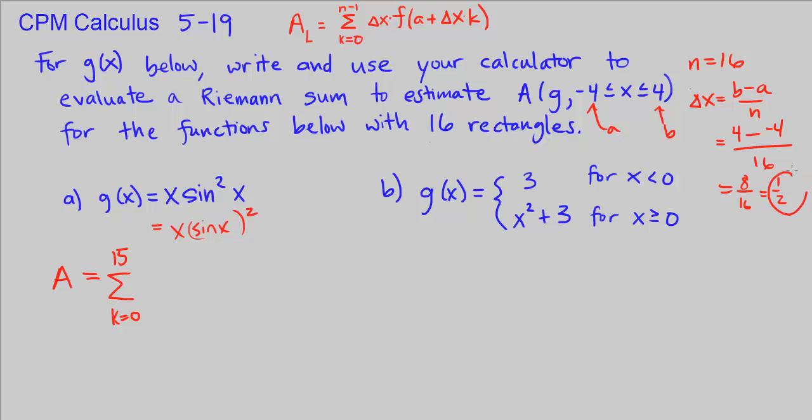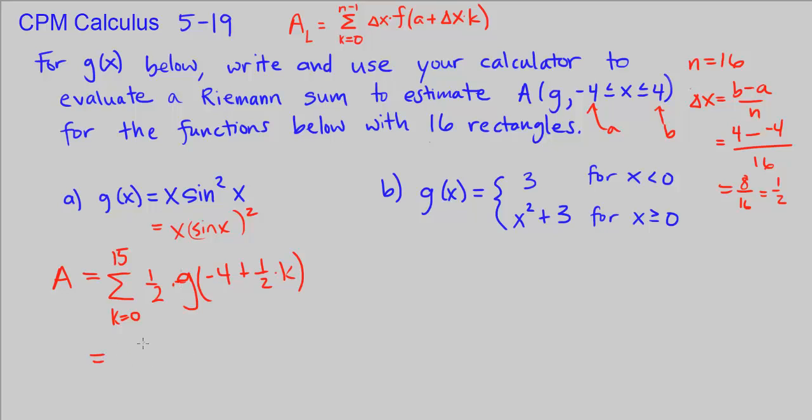Delta x, we said, was 1/2, times f of a, well, a is -4, plus delta x, which is 1/2 times k. But instead of f here, we have a function which is called g. So I'm going to go ahead and write that. This is not f, this is g.